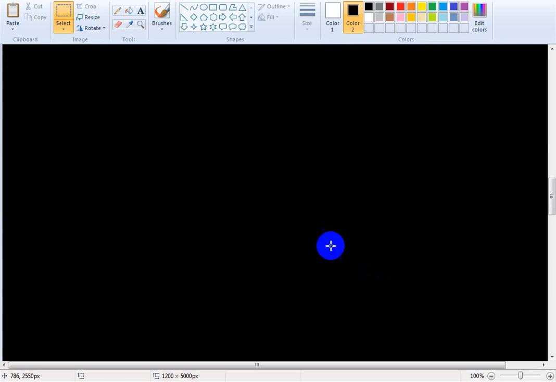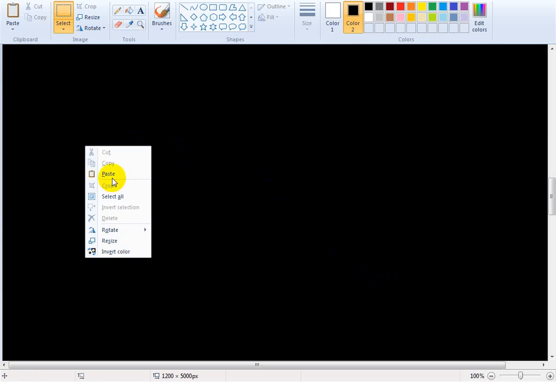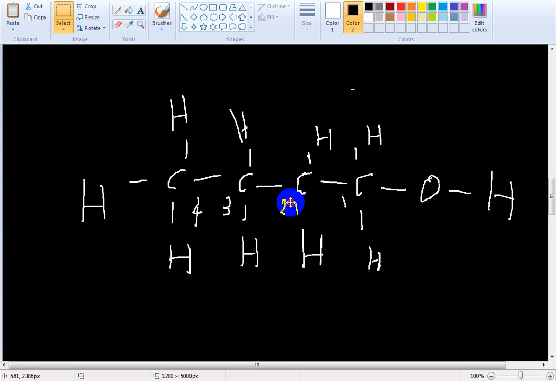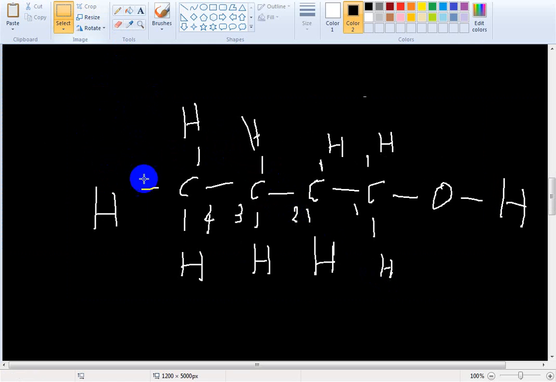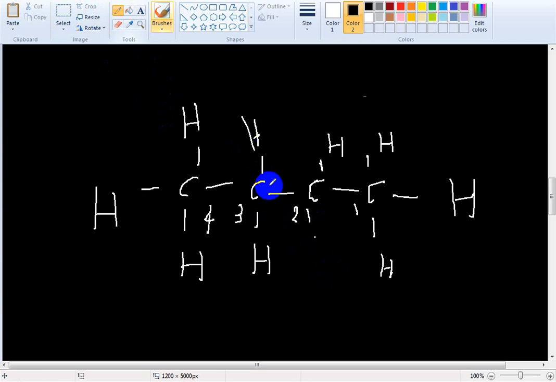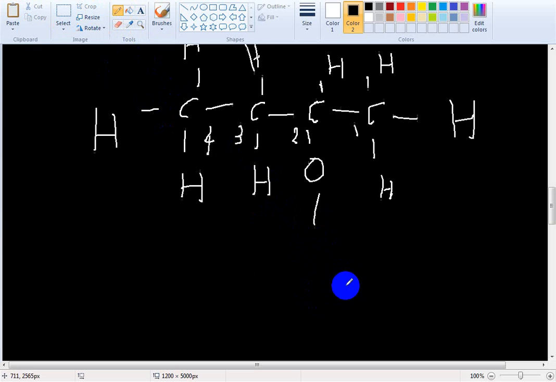Okay, if this is butan-1-ol, if I put the OH group in the 2 position, number 2, OH, this is the hydroxyl group I have written here.